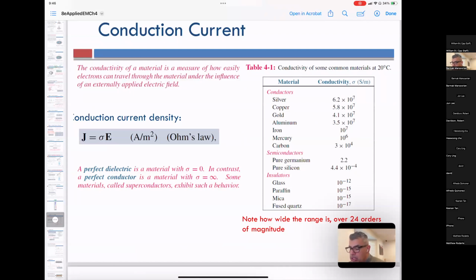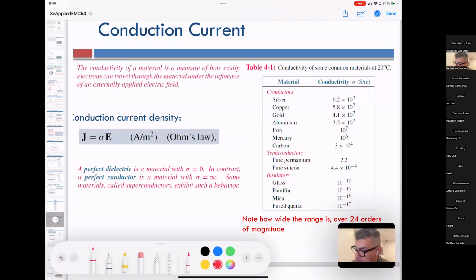Notice the current density is a vector, shown in bold, and it's directly related to the electric field through a constant called conductivity. So this is conductivity.